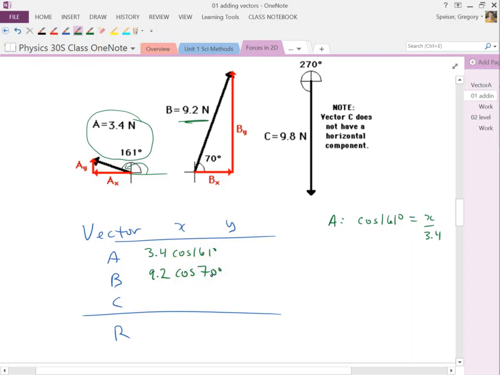And for vector C, while you're looking at this, you think, okay, how much does it go in the x direction? Nothing at all. It actually just goes straight south, so we're going to put 0 in this one. So you get your calculator and you go 3.4 times the cos of 161 plus 9.2 times the cos of 70 degrees plus 0, and guess what you're going to get as an answer? You're going to get a 0 on your calculator.